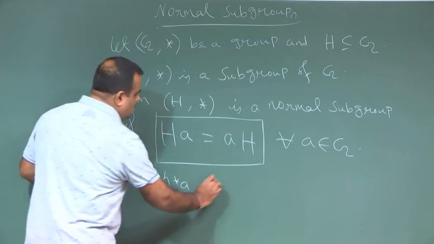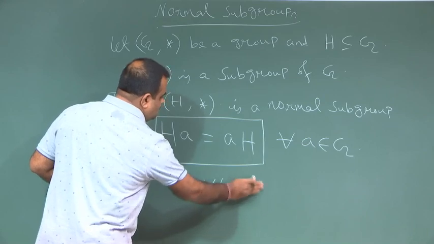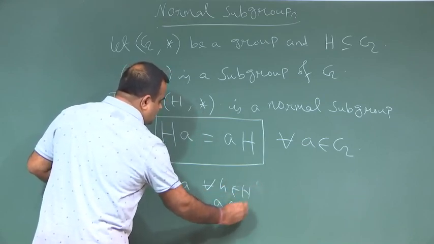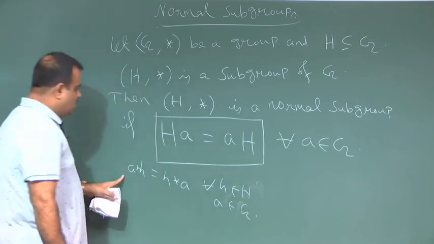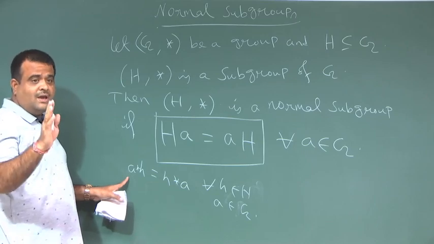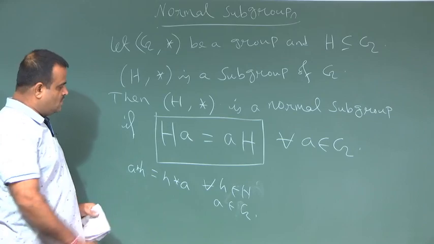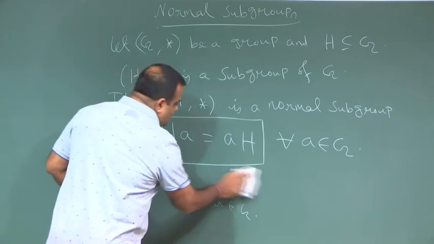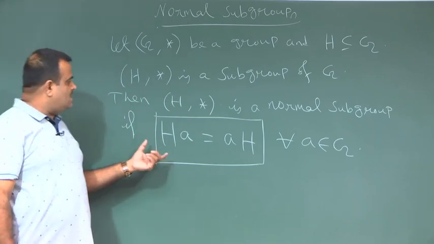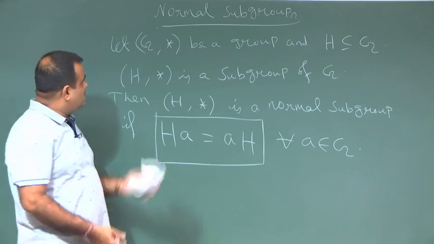This is true for all h belongs to H and a belongs to G. So, if G is an abelian group, or a commutative group, then every subgroup is a normal subgroup. But in general, suppose G is not an abelian group, then the definition of normal subgroup is this, if this property is satisfied.